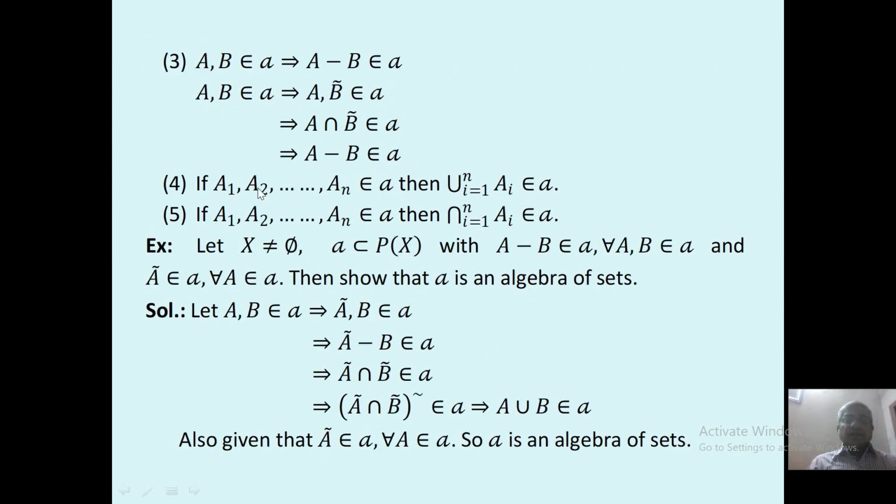So A1, A2, A3 up to An, a finite number of sets: if you have a finite number of sets in script A, then the union of Ai belongs to script A. This is a finite union. Similarly, we have proved that the intersection of two sets is also a member of script A. So the intersection of a finite number of members also belongs to script A.